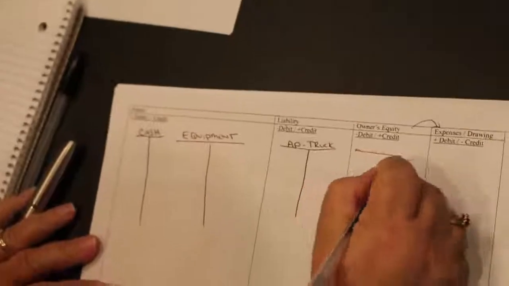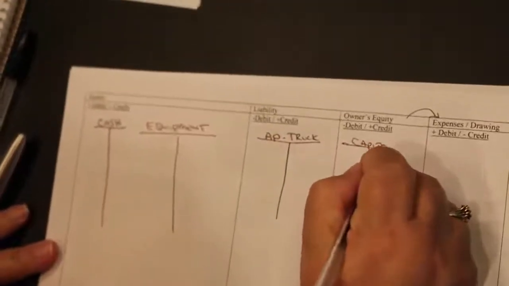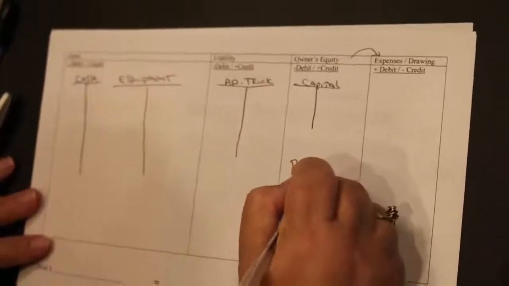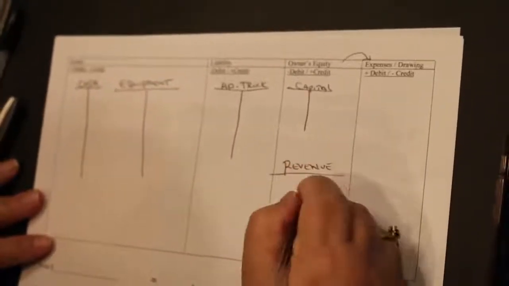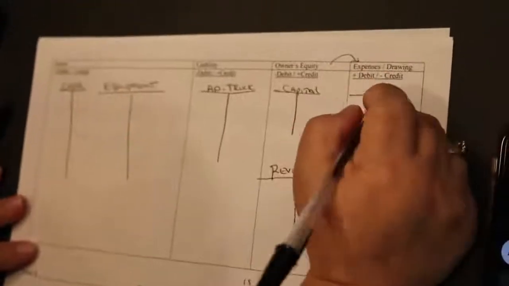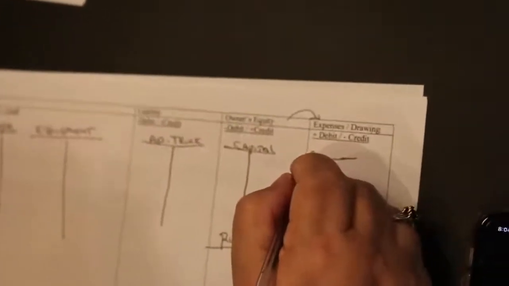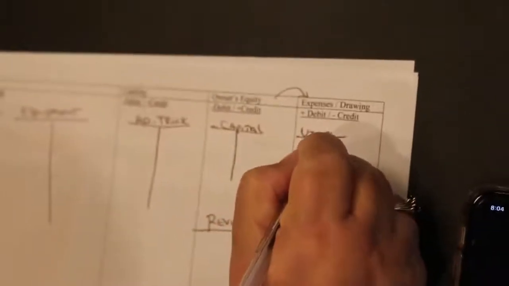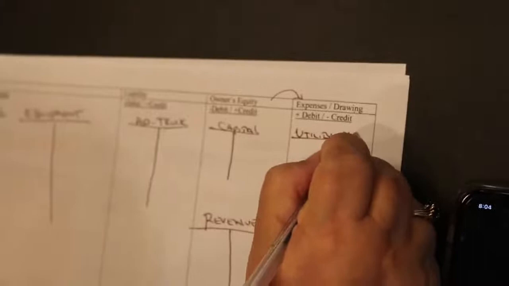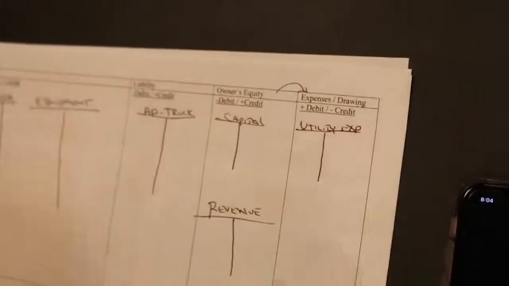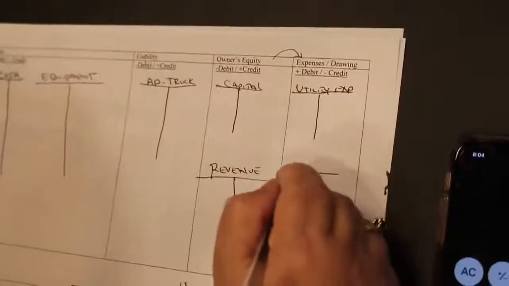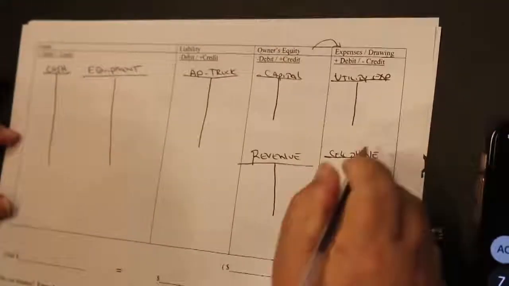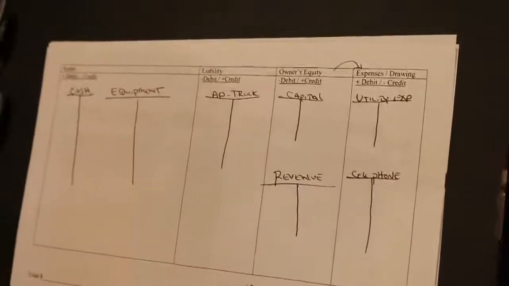And then under owner's equity we have capital, and revenue, and over here we might have utility expense. We've got to pay our electric bill, cell phone. Okay. So these are our T accounts.